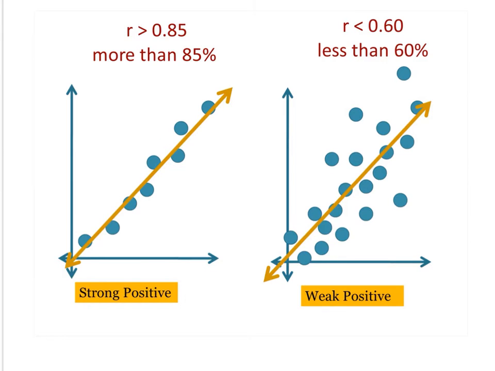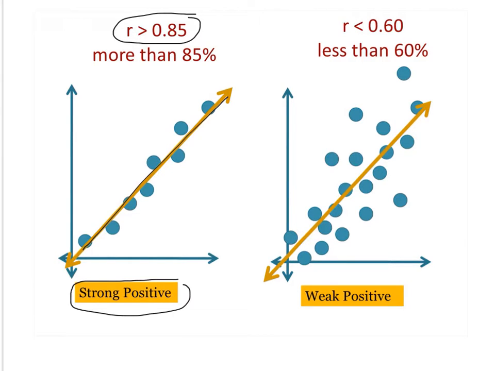So here are some more examples of correlation and how we choose how we're going to describe it. If a correlation is more than 0.85, or if it's more than 85% of the change in y being explained by the change in x, we call that strong. So this is a strong and positive correlation because it's increasing and it's greater than 0.85.